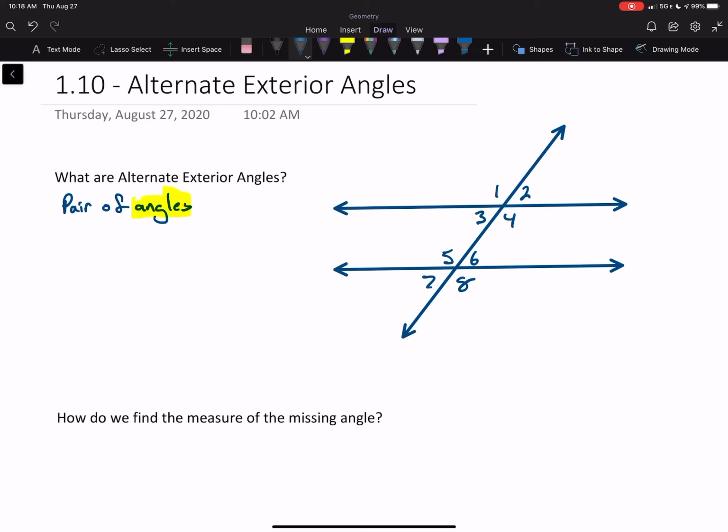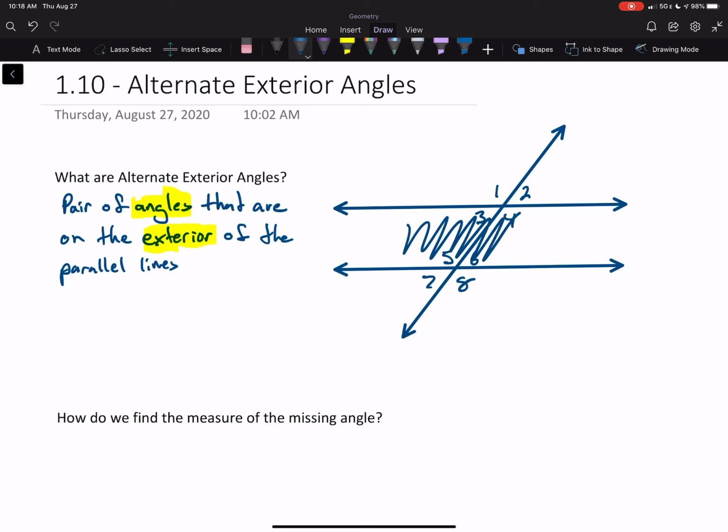A pair of angles that are on the exterior of the parallel lines. So exterior. So previously we've been working with interior, so this is the opposite. So now we're not going to be using this space in here for this part.